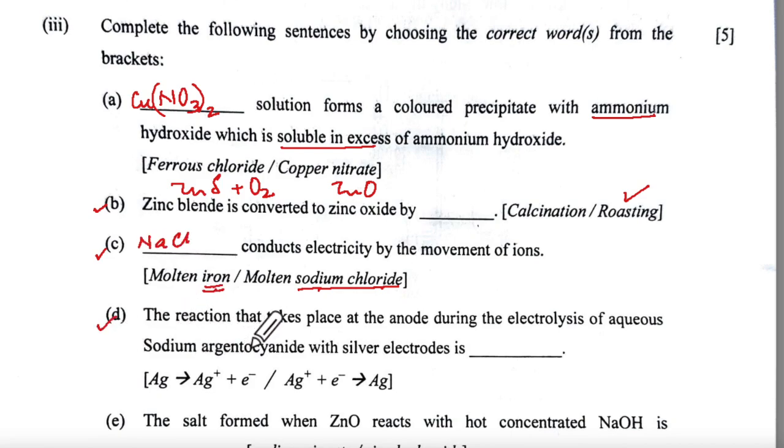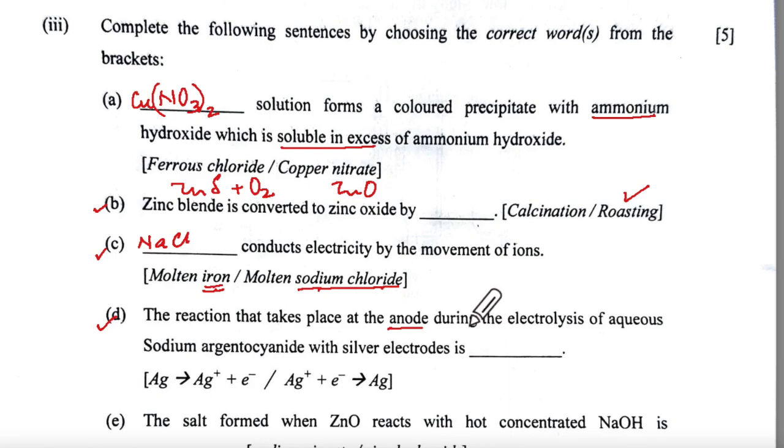D. The reaction that takes place at the anode during the electrolysis of aqueous sodium argentocyanide with silver electrodes. At anode, remember, anode for electroplating is going to take active part in the electrolysis.